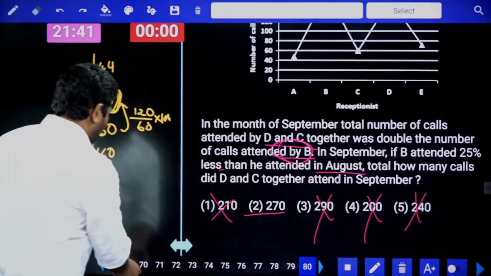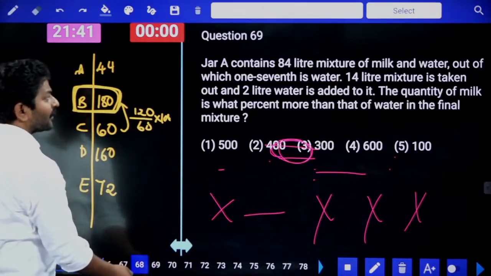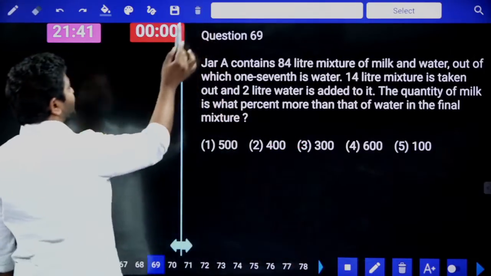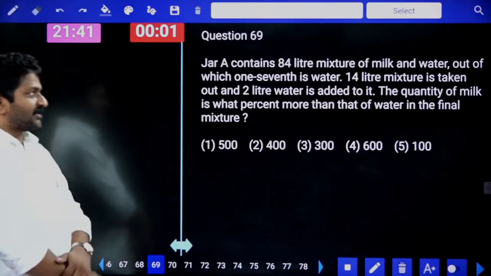So now we are left with question number 69 onwards. Yes, these are arithmetic questions. Come on, let's start these questions.